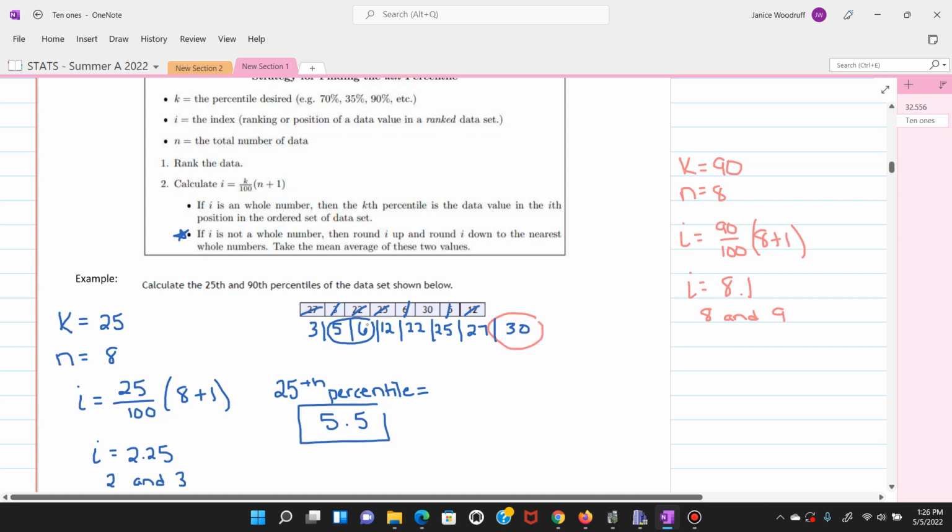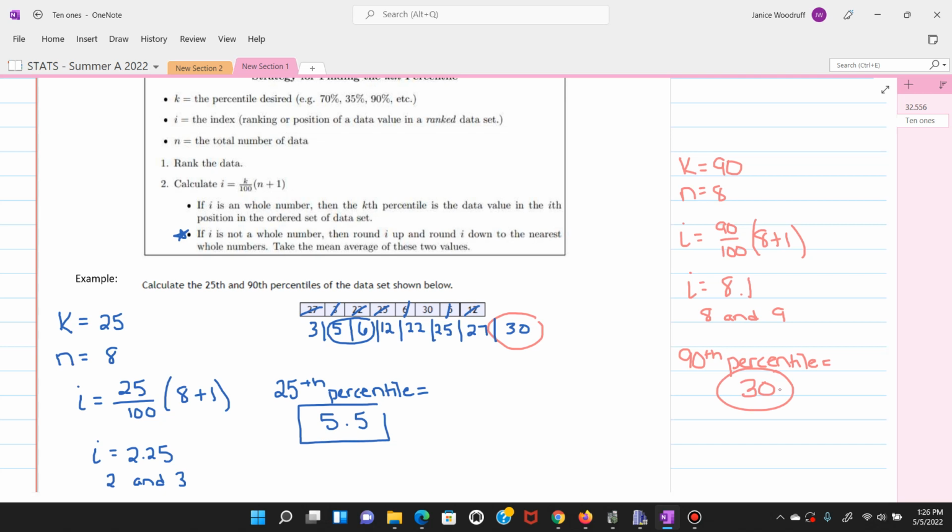Okay, 1, 2, 3, 4, 5, 6, 7, 8. There's no 9th value there. So the 90th percentile in this case would be 30 or more credit hours because you don't have anything to add that to and find another value.